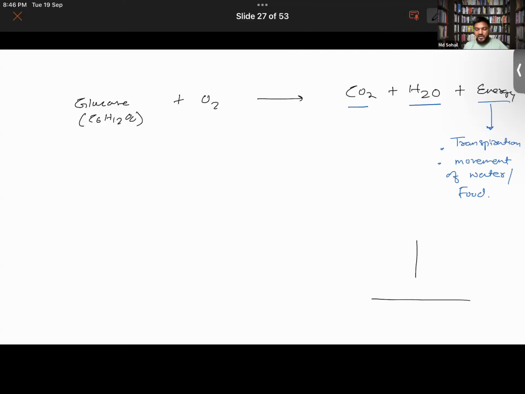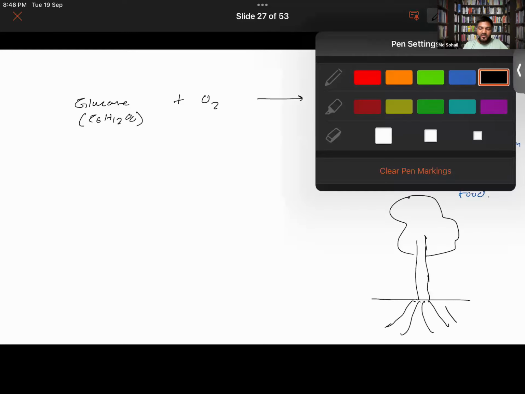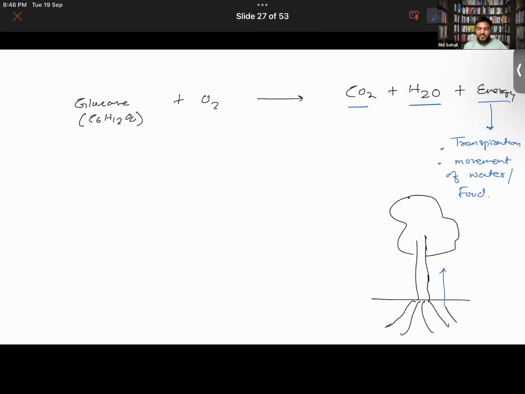You see this plant here, in order to carry out its day-to-day activities, for example, water moves to the shoot system in the upward direction. The movement of water is always in the upward direction. Always remember that. Now in order to carry this out, the plant has got special cells, for example, xylem cells. Just like we humans have blood, everything that you eat goes to each and every cell of your body via the blood.